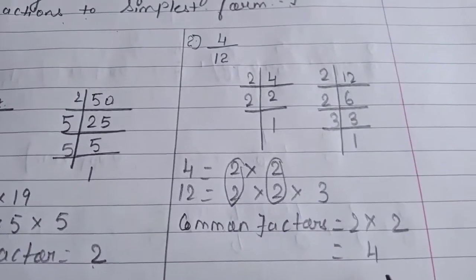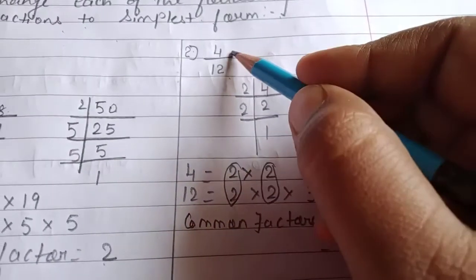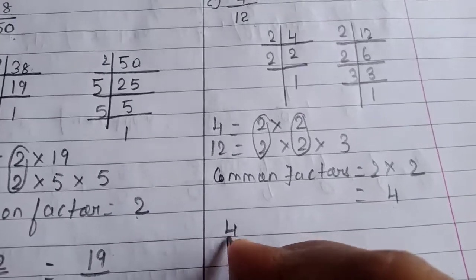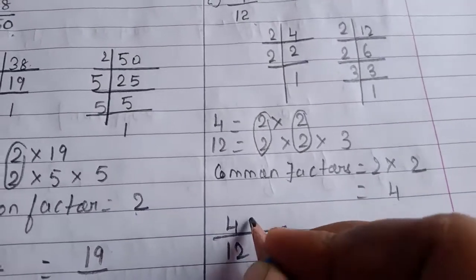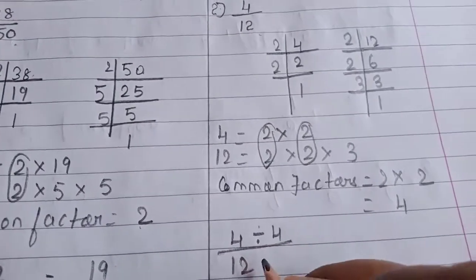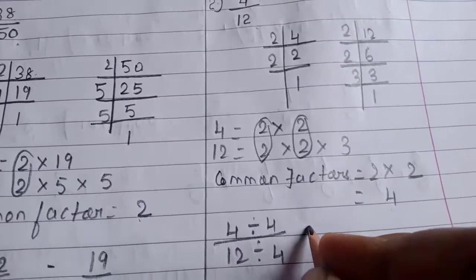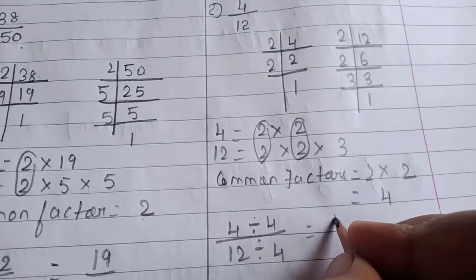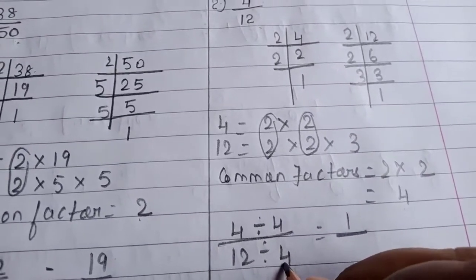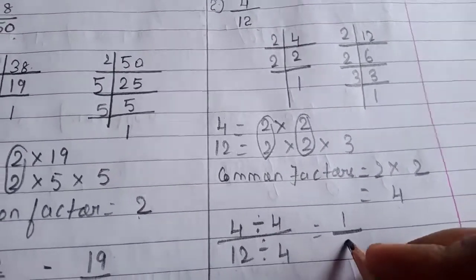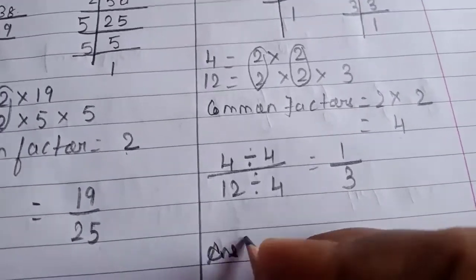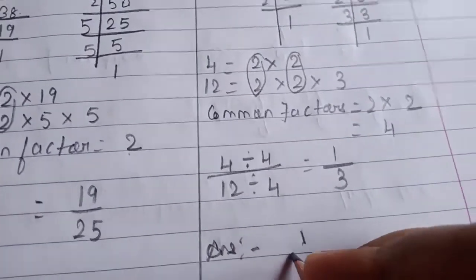So now we will divide in numerator and denominator by 4 to make a simplest form. So 4 upon 12. In numerator also we will divide by 4, and in denominator also we will divide by 4. So when we divide 4 by 4, 4 ones are 4. So we will get answer 1. And in 4 table when 12 will come, 4 3s are 12. So our answer is 1 upon 3.